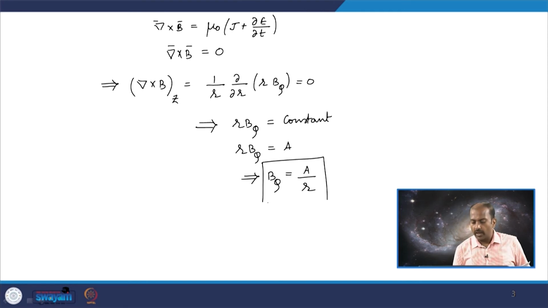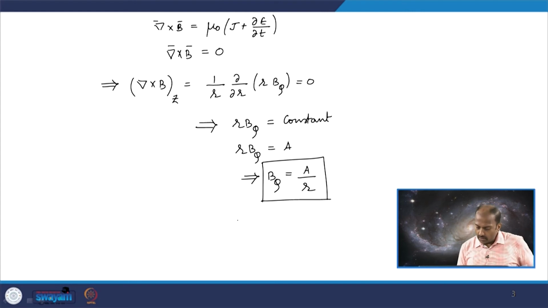It means that the magnetic field is changing with respect to the distance as 1 by R. But does it also mean that the magnetic field has a component across the R direction? No, it does not mean that. It simply means the magnetic field is directed in the phi direction, but it varies as a function of R. This is the basic difference.